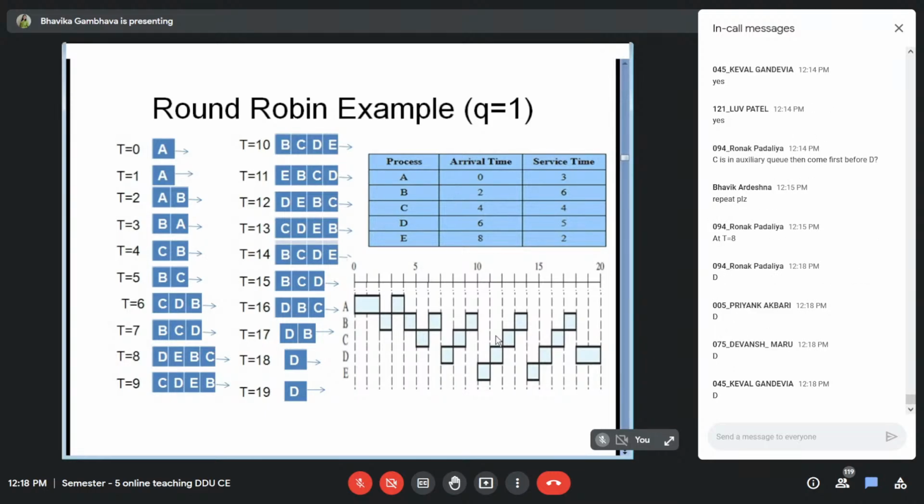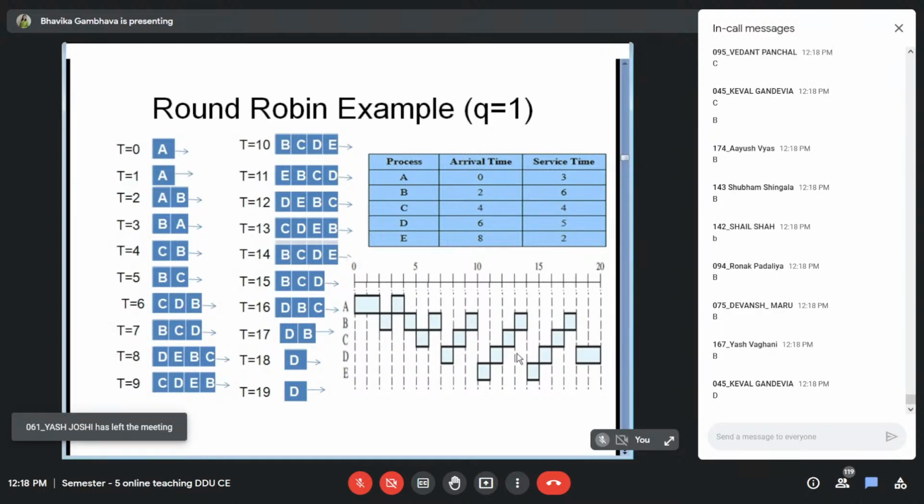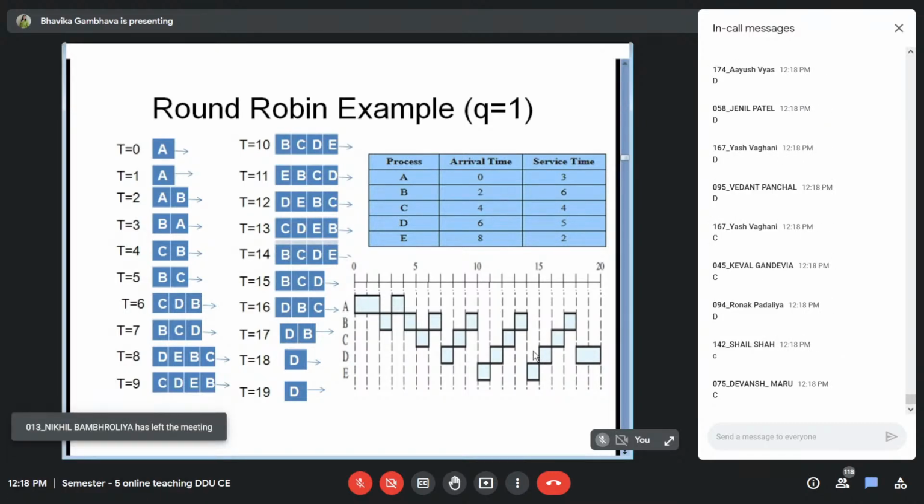Then again, can you tell me what will be the next one? C. Then after C, B. And then after that, D. Okay, after that, C will not come now because execution of C is probably completed or not.